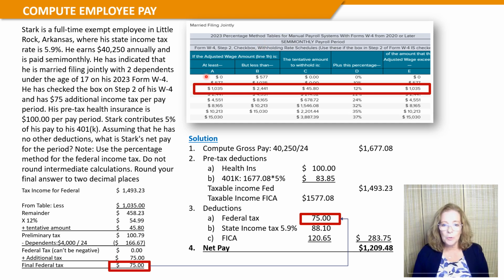The third row includes our taxable wage amount of $1,493.23, and we complete the calculation by subtracting $1,035 from the taxable wage for $458.23, and I'll multiply that amount by 12% for $54.99, to which we add the tentative amount of $45.80 from the table for a total of $100.79.